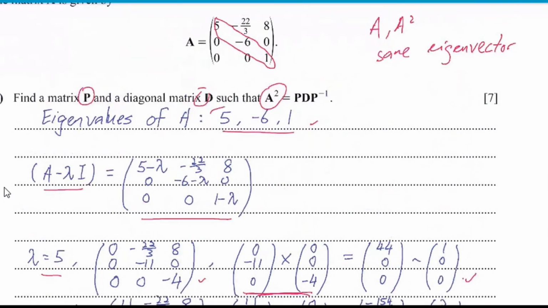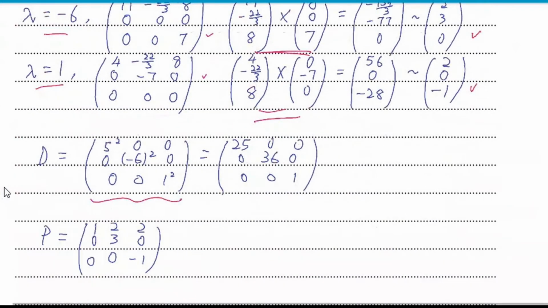If A has these eigenvalues, A squared has eigenvalues that are the squares of these numbers, so I have to square the numbers as you can see when we put them into matrix D. So this is matrix D. Matrix P is like what we said just now: eigenvectors stay the same. We just take the eigenvectors that we found earlier and put them according to the order of how we put our eigenvalues. This is how we get matrix P here.